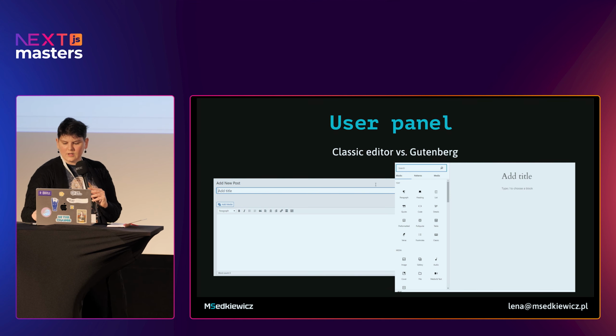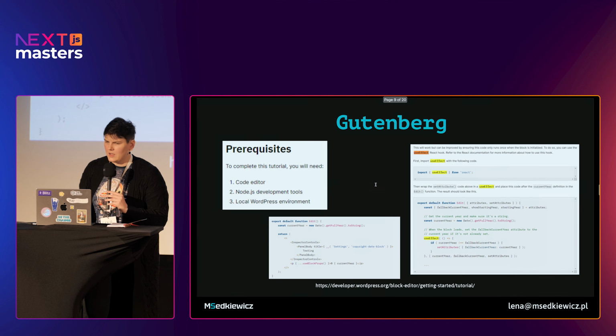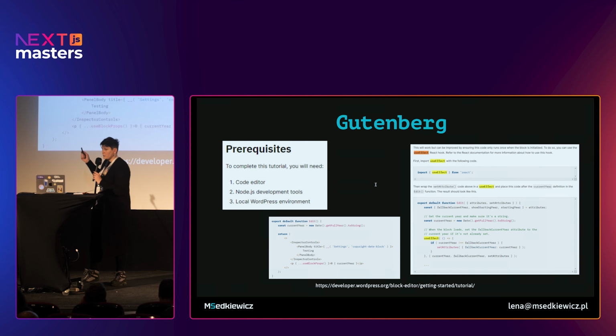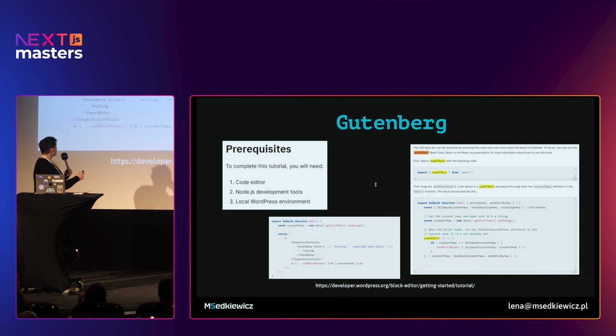This is the new thing that WordPress introduced, and when you read the documentation, you can see the prerequisites to start writing content: modules for Gutenberg are Node.js, code editor, and local WordPress. But please tell me, you don't recognize this? Or this? It's React. So if you want to get more involved in developing WordPress, if you want to provide something new to your customers, you need to use React.